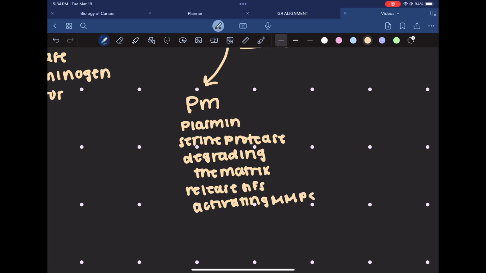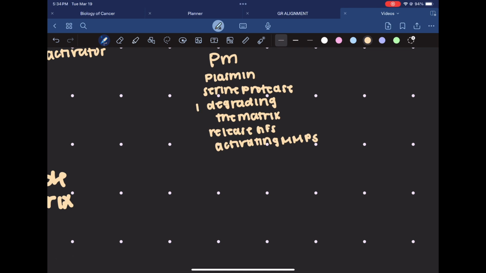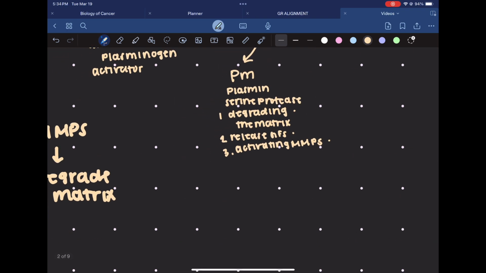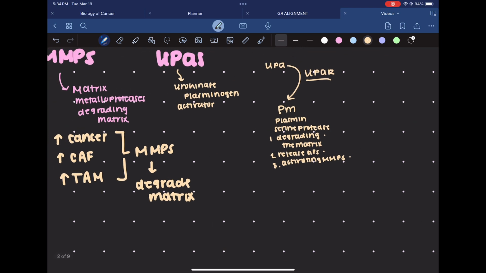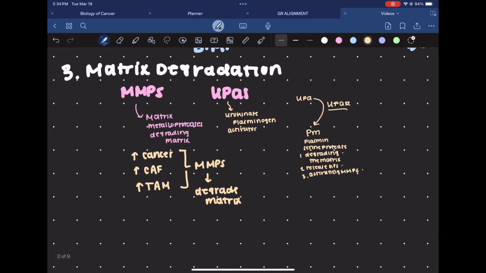We're not going to get into detail on how it does that, but those kind of three actions of degrading the matrix, releasing growth factors, and activating MMPs are going to be our three actions of that plasmin protein. And these are going to be degrading the matrix.